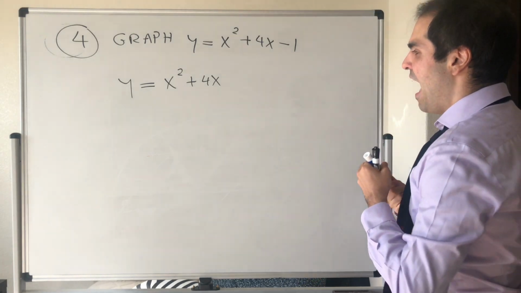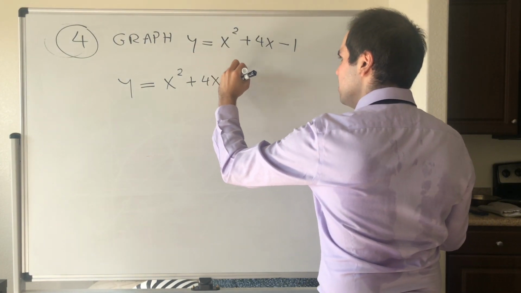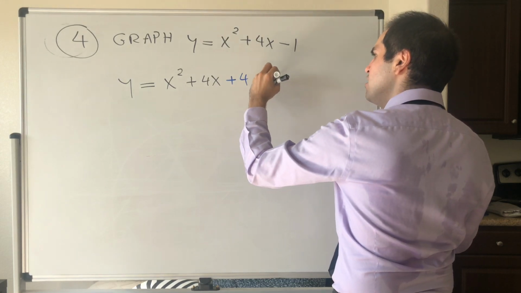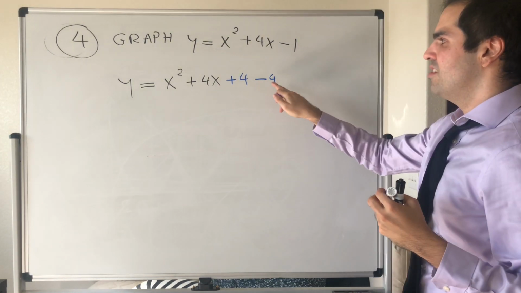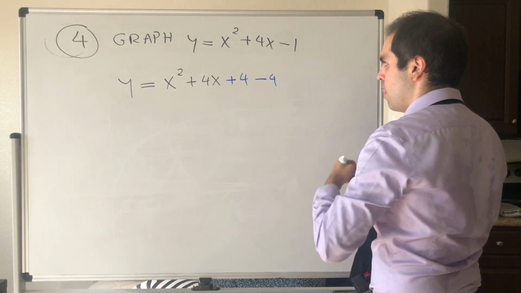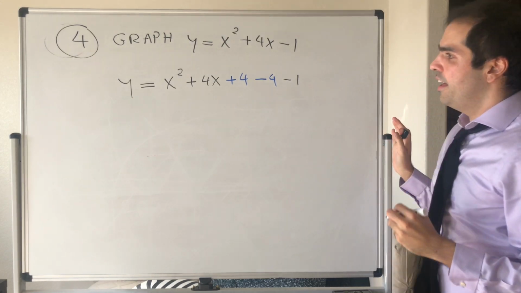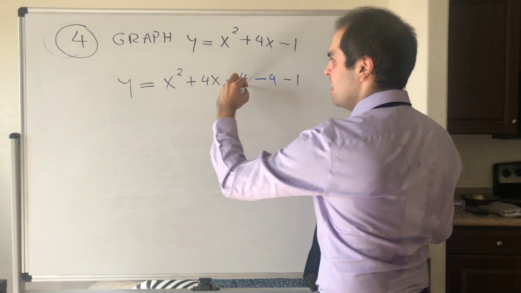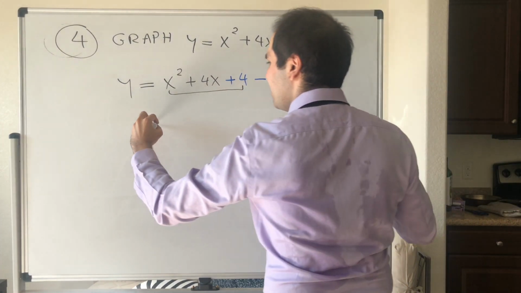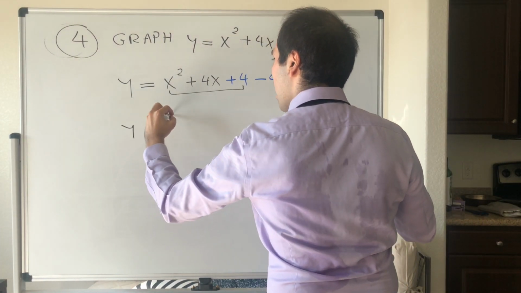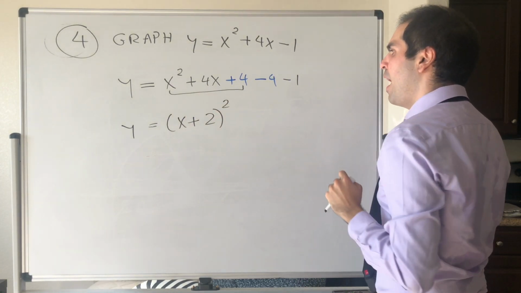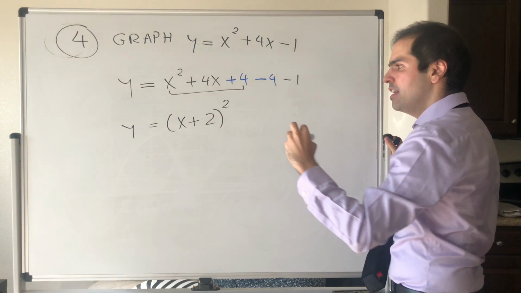So let's just add and subtract 4. So x squared plus 4x plus 4 minus 4, and then we have this minus 1. The nice thing is, this looks like a perfect square, and in fact it is, because then we get y equals (x plus 2) squared, and then minus 4 minus 1, that's minus 5.